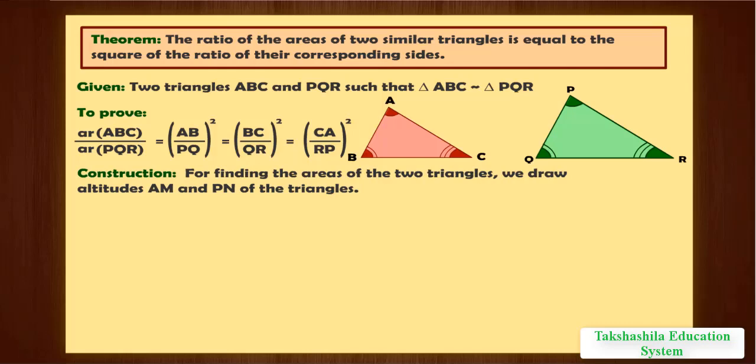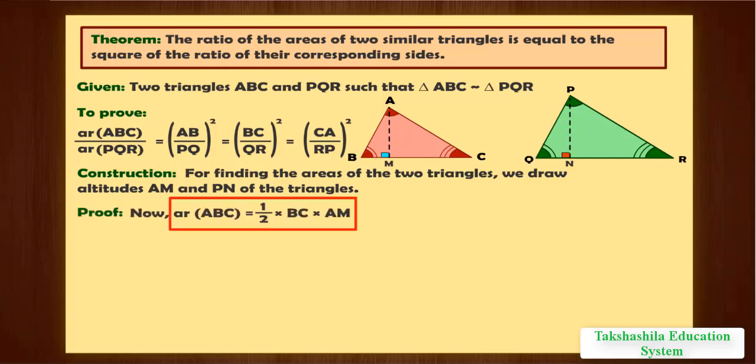For finding the areas of the two triangles, we draw altitudes AM and PN of the triangles. Let us start the proof. Now, area ABC is equal to 1 upon 2 into BC into AM. And area PQR is equal to 1 upon 2 into QR into PN.